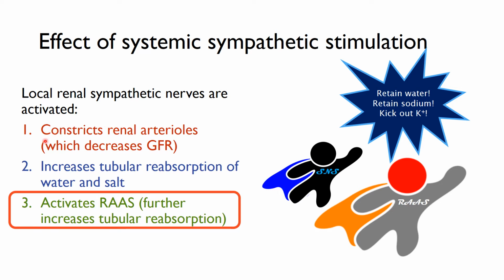Second, it increases tubular reabsorption of water and salt. And then third, systemic sympathetic stimulation via local renal sympathetic nerves activates the renin-angiotensin-aldosterone system, which further increases tubular reabsorption of sodium.